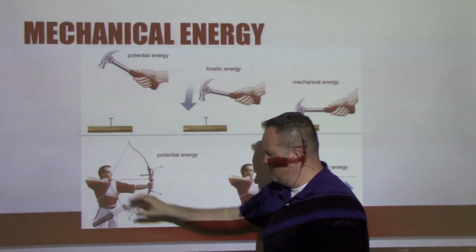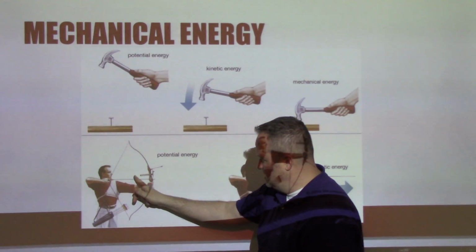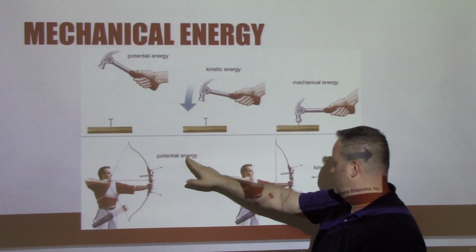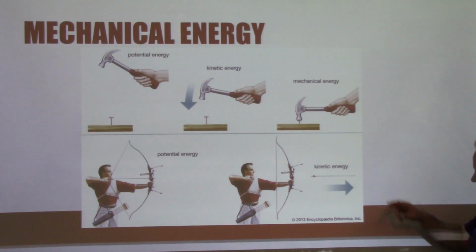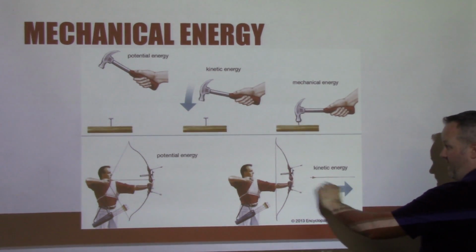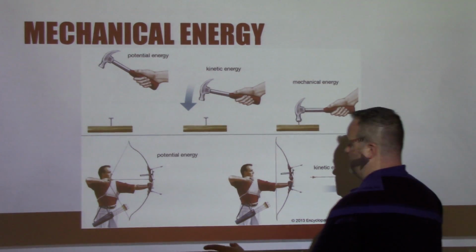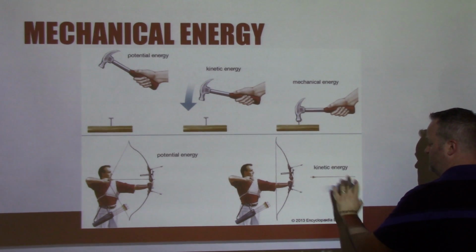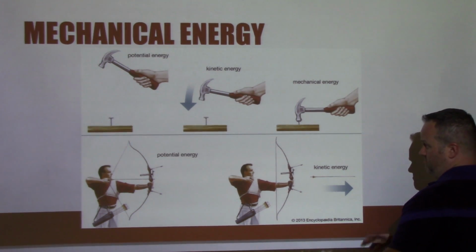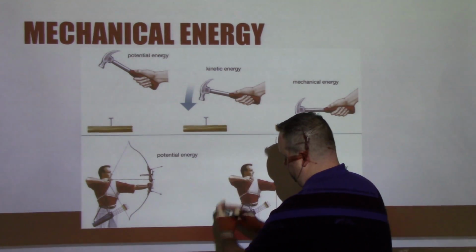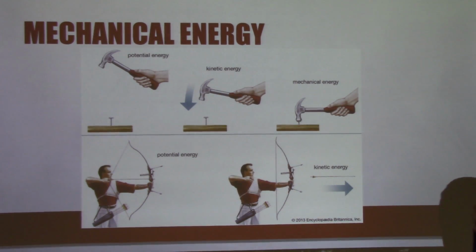Basically, he's storing energy in that arrow. And when it's released, that potential energy becomes kinetic. If you want it to fly faster, you can pull back further so that you get more energy stored into the arrow. When it's released, it becomes kinetic. Again, adding these together is going to give us mechanical energy.